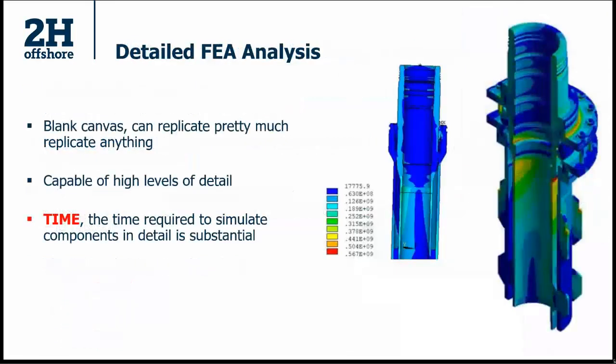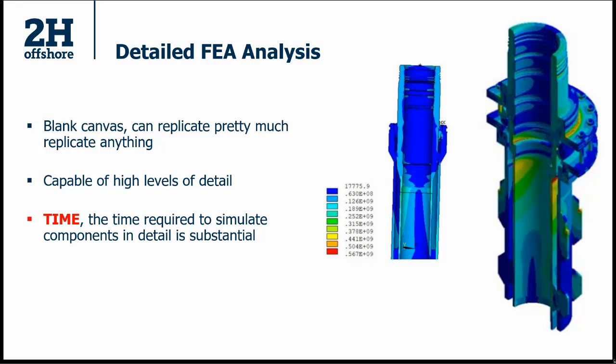And then we get onto the detailed FEA analysis. The FEA tools we use, ANSYS is the one that we use mostly. It's not specific. It's pretty much a blank sheet. It's capable of very high levels of detail. Its level of detail is excellent. But that, in effect, is the software's Achilles heel.